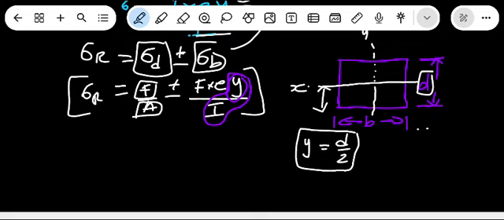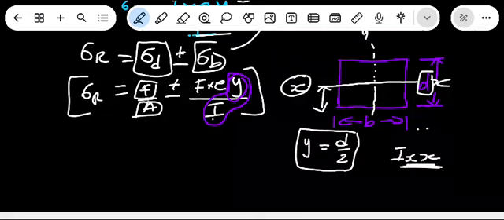Then since it's bending about the x-axis, what about I? Since it's bending about the x-axis, our moment of inertia will be I x x. This says now you are bending along the x-axis, it will be I x x.